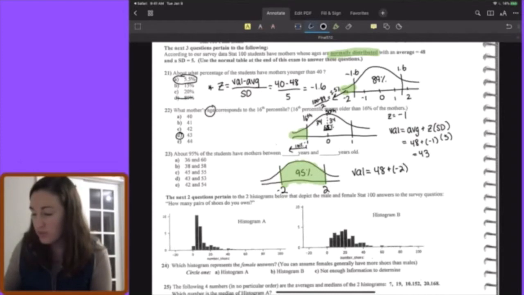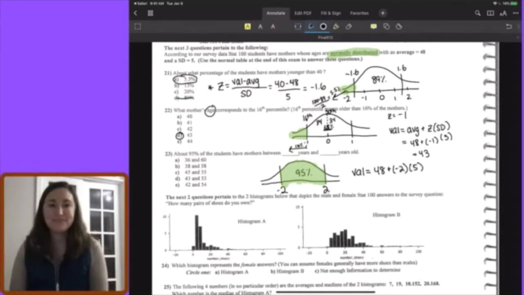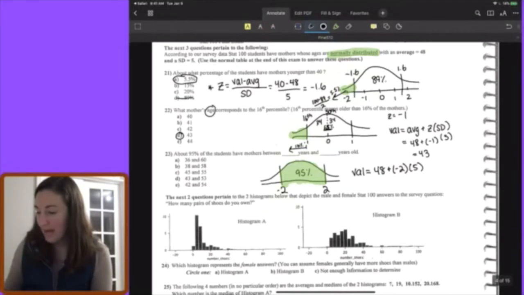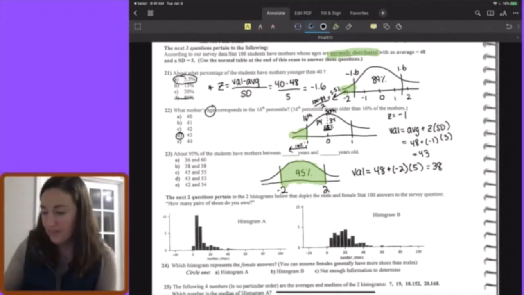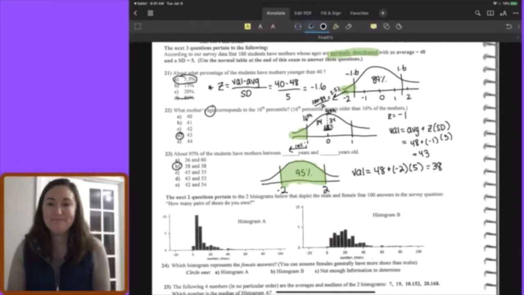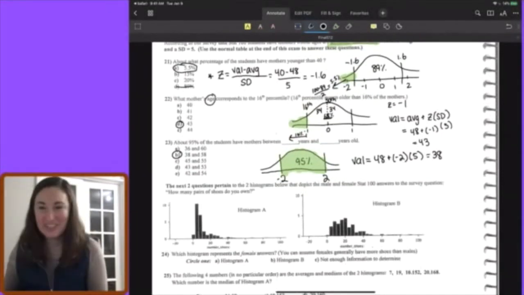I'll do -2 first, times the SD, which is 5. And that gives me, let's see, 48 minus 10, so 38. And then when I do the same thing for +2, I should get 58, so that should be B. And that is the normal curve.